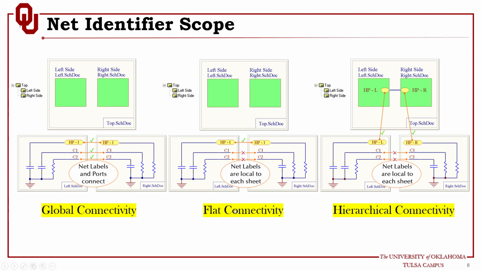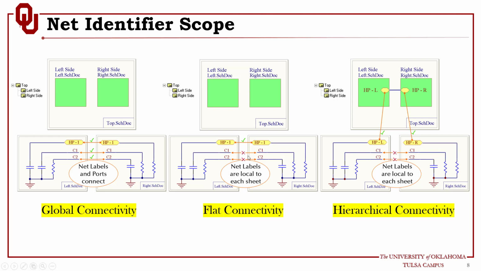Now the other one is the flat connectivity. When you have a flat design similar to this, you can have a top sheet, but there should be no ports or connections on the top level sheet. So you have two sheets, but they connect through ports directly from one schematic sheet to another.